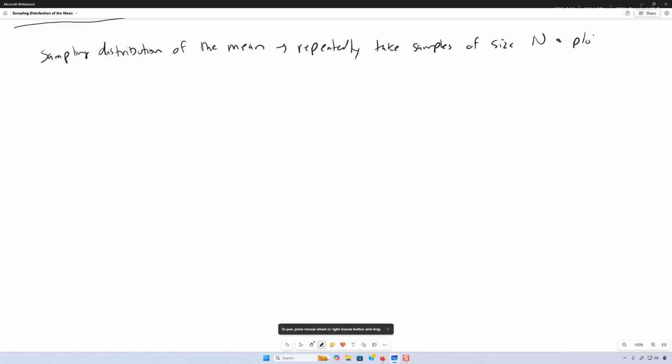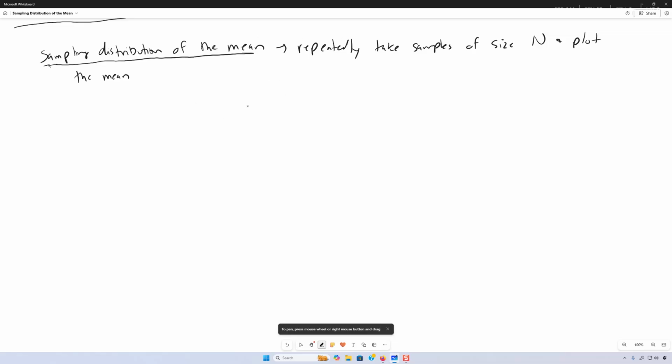And plot the mean. So I take samples of a given size, you take it with replacement, and you keep plotting the means of those samples over and over again. And when you do that, something interesting happens. This is what's called the sampling distribution of the mean.